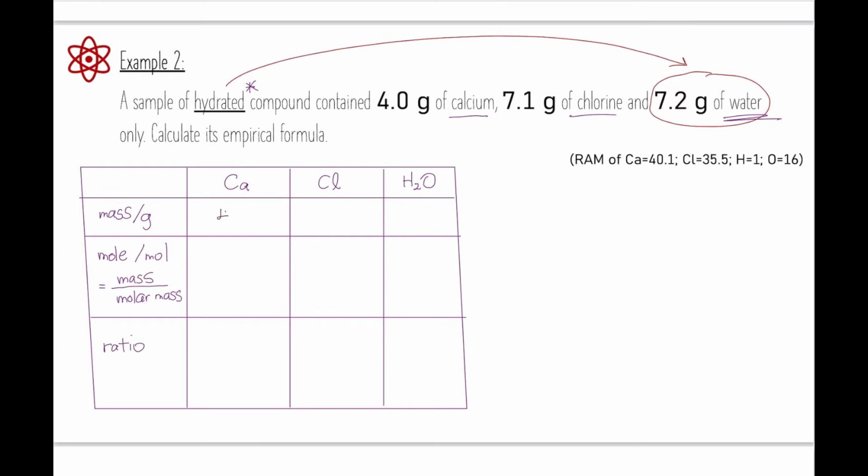Fill in the table with the correct mass from the question and then proceed with calculating the number of mole by dividing mass with the molar mass, and then calculate the ratio by finding the smallest number of mole as the denominator.